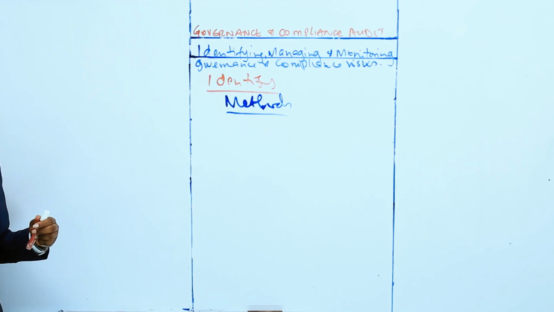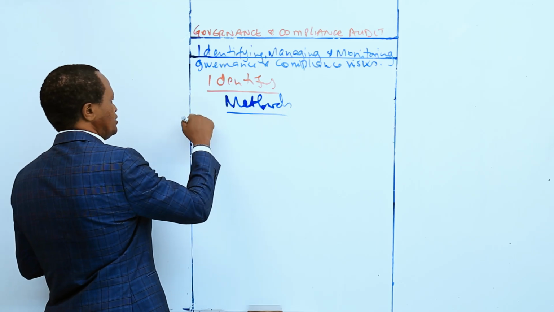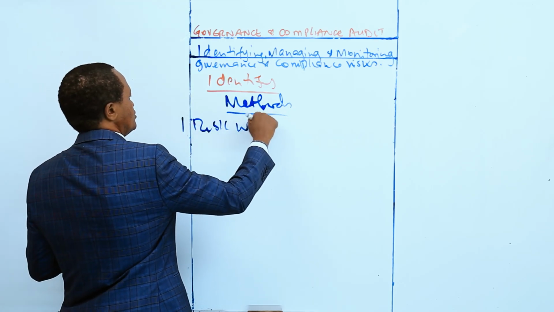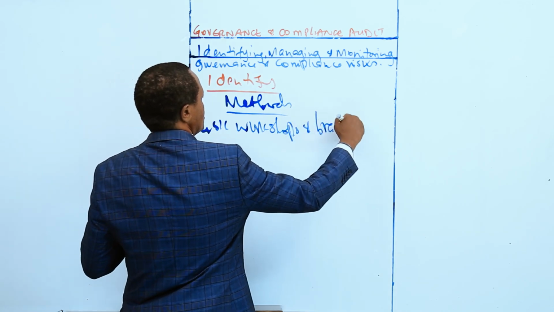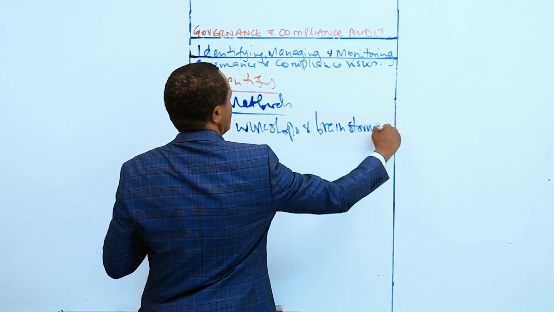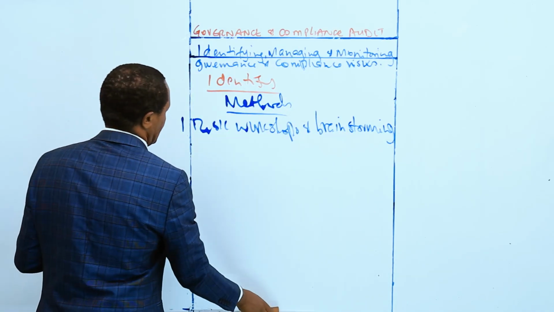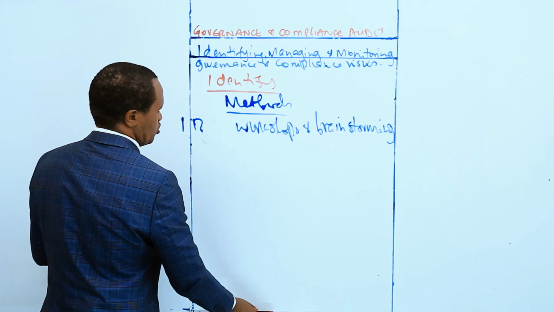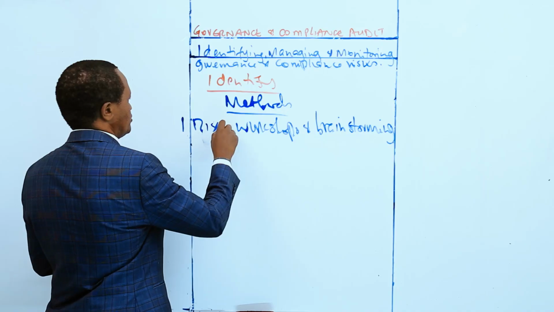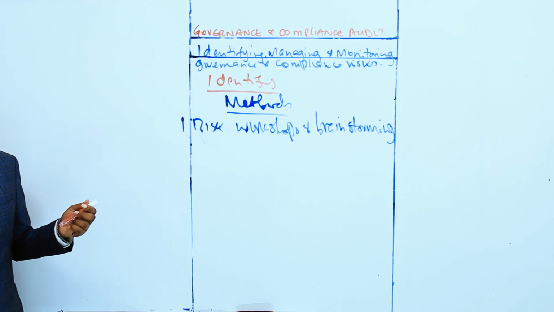What are the methods that can be employed to identify governance and compliance risks? One is having risk workshops and brainstorming. Now, this involves key personnel from various departments.